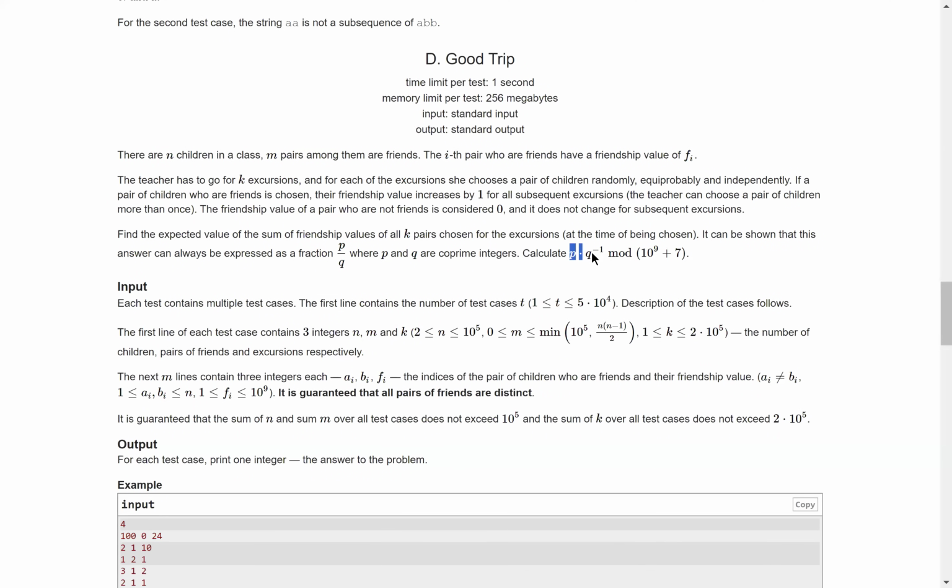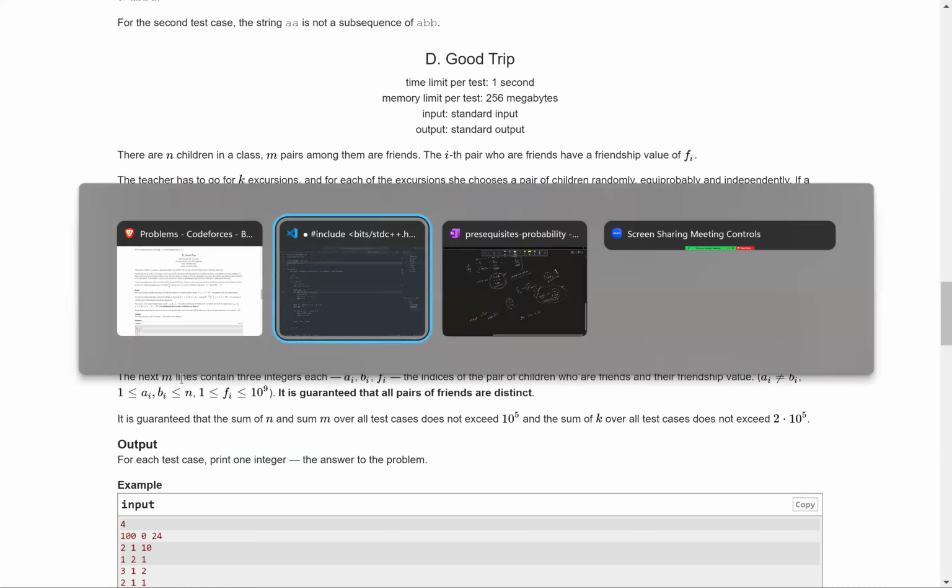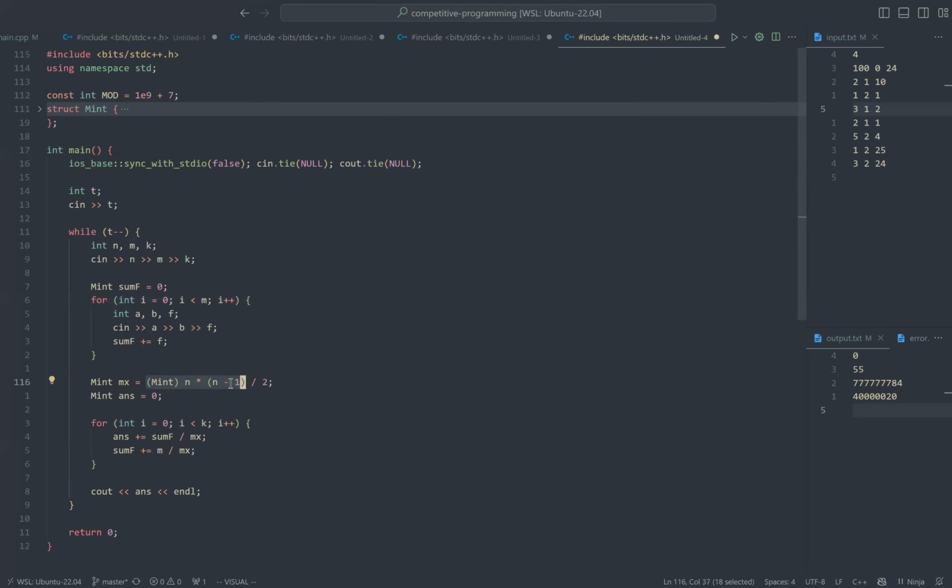One of the places where overflow can happen is here: P into Q inverse can be greater than 1e9 plus 7. Or even at this place where I've written n into n minus 1 by 2, there can be overflow if n is huge. So I don't have to do typecasting, and I don't have to worry about any overflows anywhere because I'm using Mint.